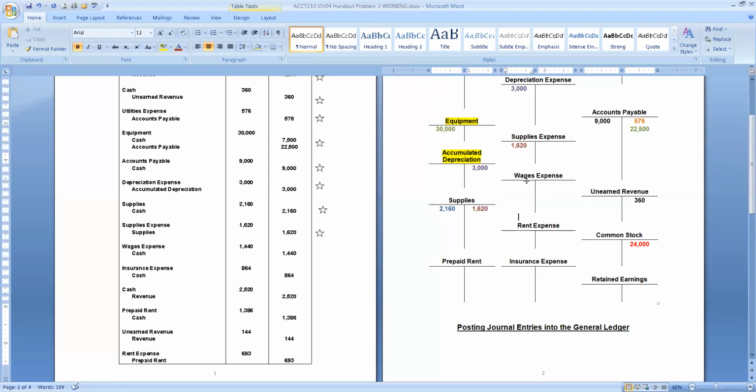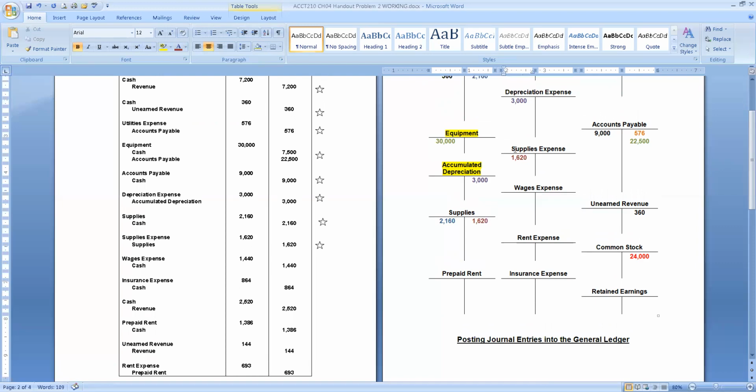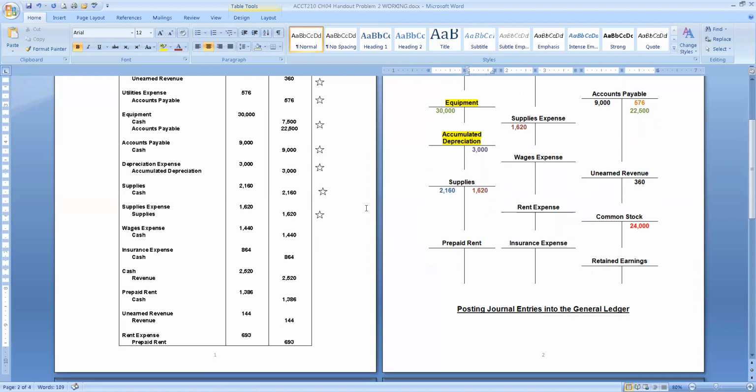And by the way, you can see here, this expense is not really paid in cash. It's these supplies that we have that are going out. We no longer have 2,160 of supplies. We have 2,160 minus whatever that will be. We'll get there in a little bit.